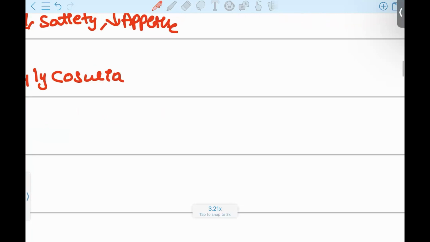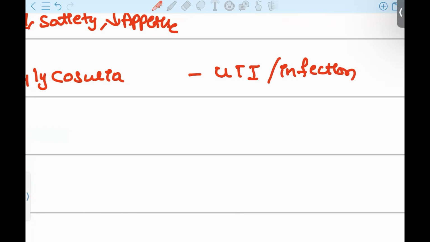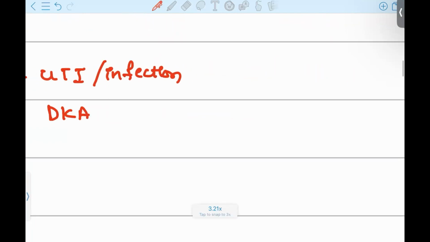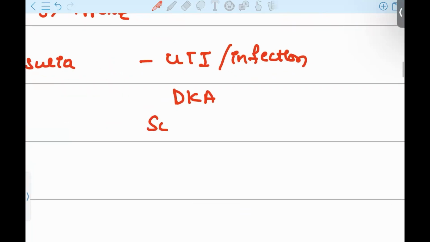But commonly the side effects will be UTI or infections like vaginal and genital infections in the patients, and in patients who have so much water loss from the urine, this can also trigger DKA and dehydration. And this is a very safe drug for your renal failure patients and also heart failure patients.